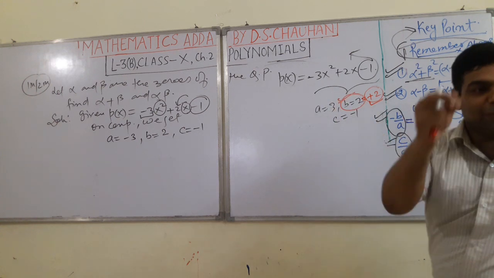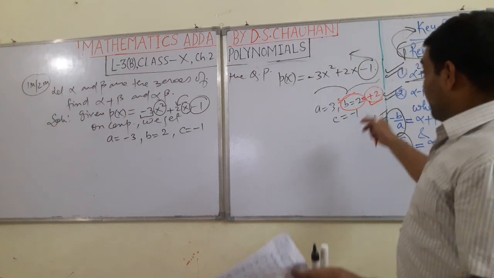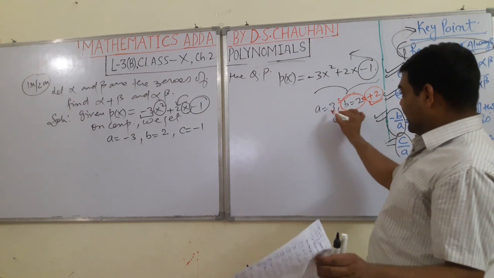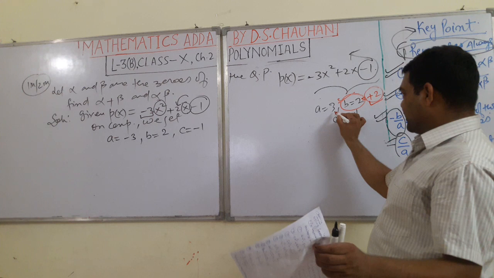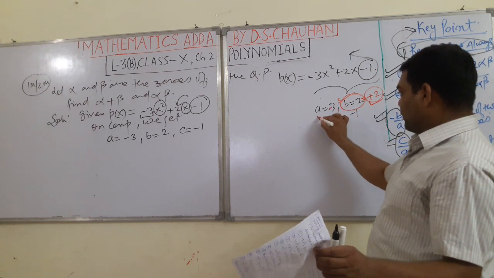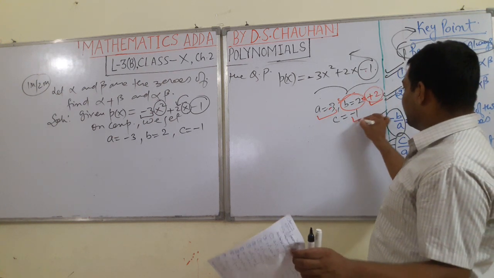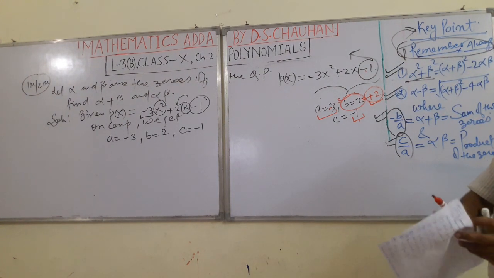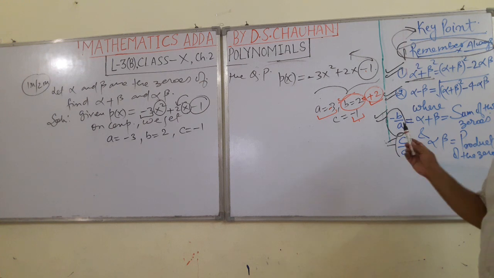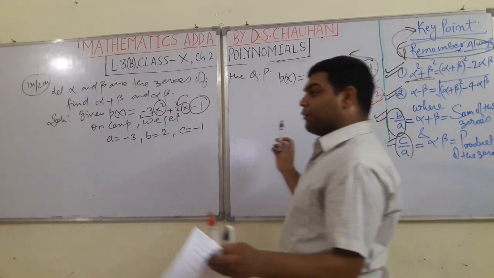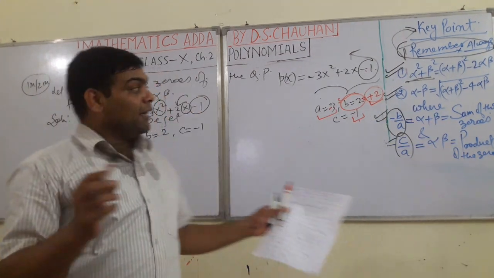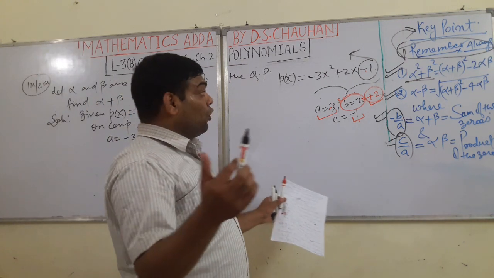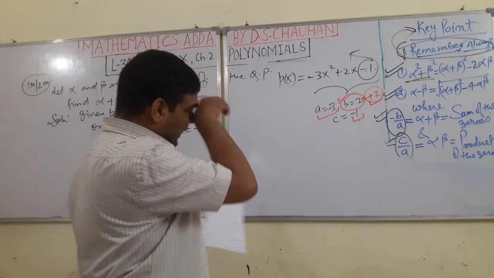But in case of minus, we must write it. So here we have to write minus 3, and the student said 3. The correct one is minus 3, and the correct one here is minus 1. So remember, always describe the coefficients of x square, x and the constant term, which is independent of x, in terms of their positive and negative values.